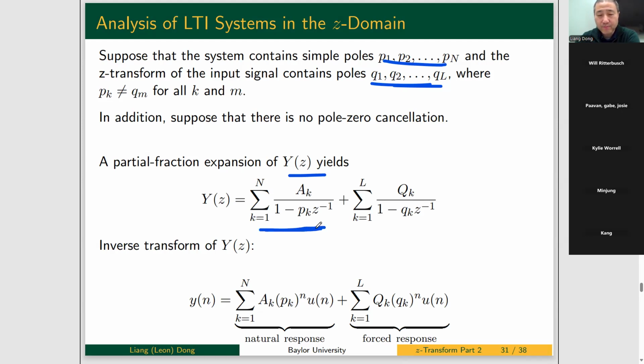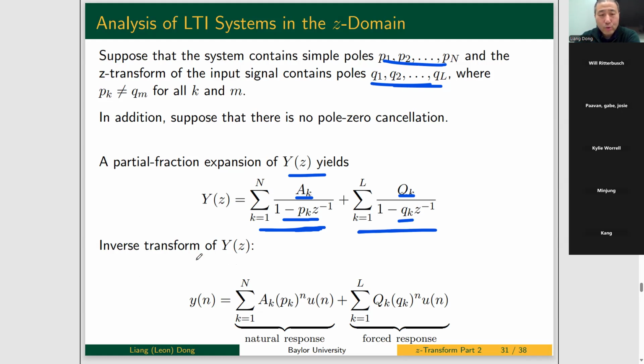This is for the system, and this is for the signal. On the denominator we have just a single 1 minus a pole times z to the power of minus 1. So we have one pole here, another pole here. On the numerator these are constants, which I need to calculate when I do the partial fraction expansion.